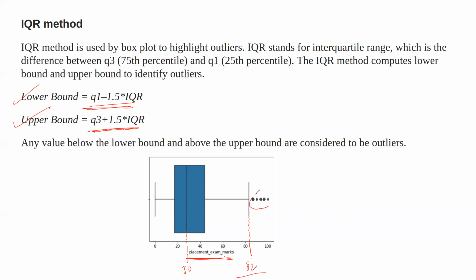These marks are lying beyond 80, 82, which is greater than our upper bound, right? So we can conclude that these are outlier points. So it's a very good way to visually see our outlier points.